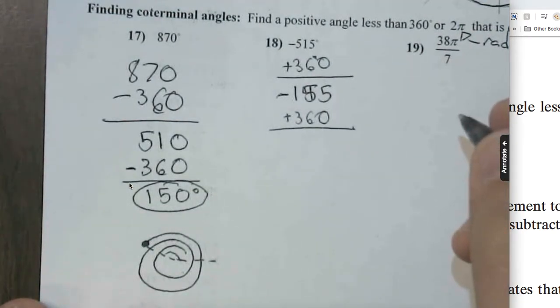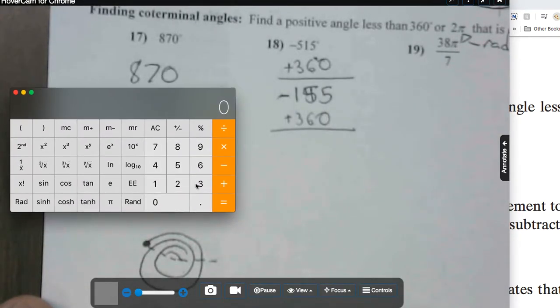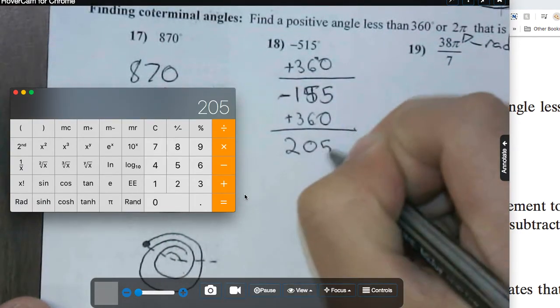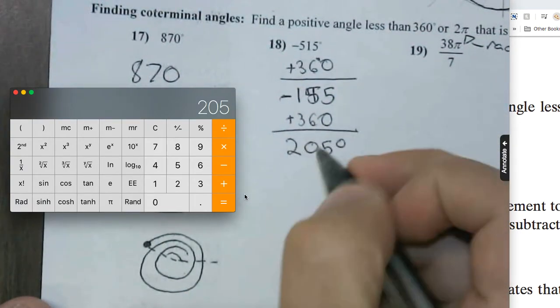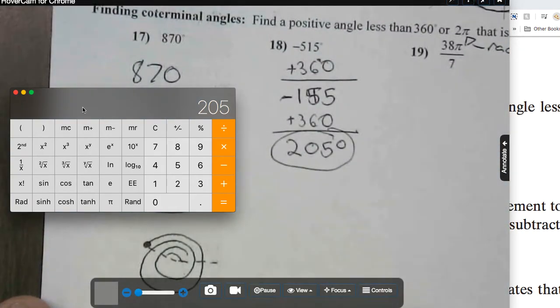If we do that, let's see, well, sometimes you get stuck on these and you might need a calculator, so feel free to use it. So we have 360, and we're deducting 155, 205 degrees. And again, this satisfies the condition because it's less than 360. So, all right, sounds like we're okay.